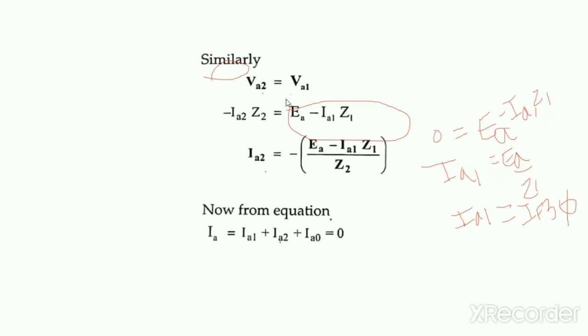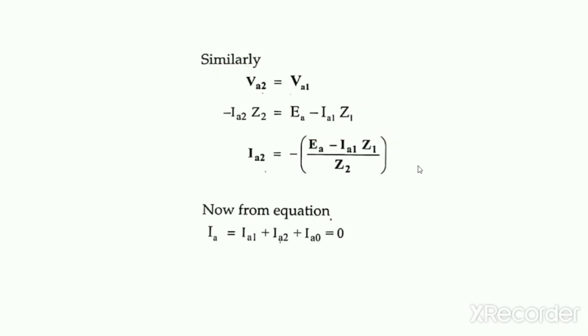Okay, similarly, we equate VA2 is equal to VA1. Okay, what is the VA2 value? That is minus IA2 into Z2.